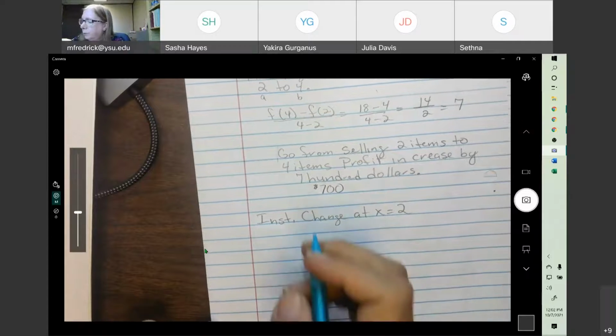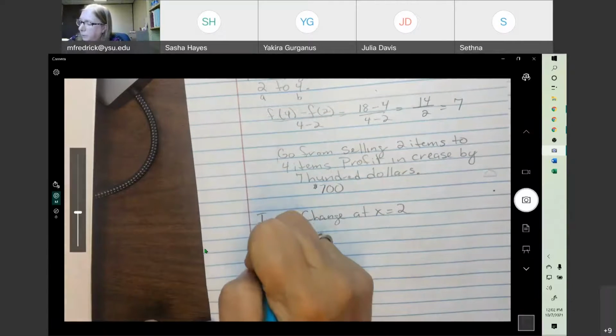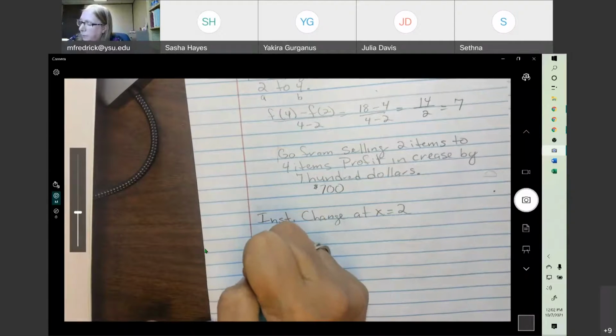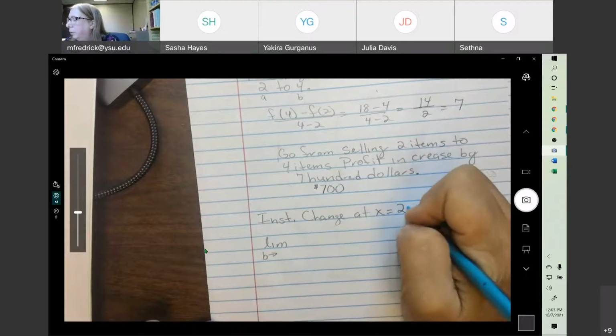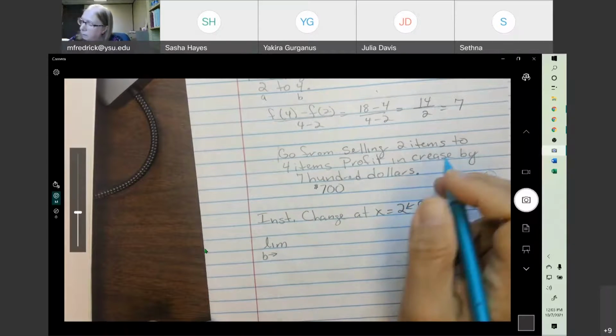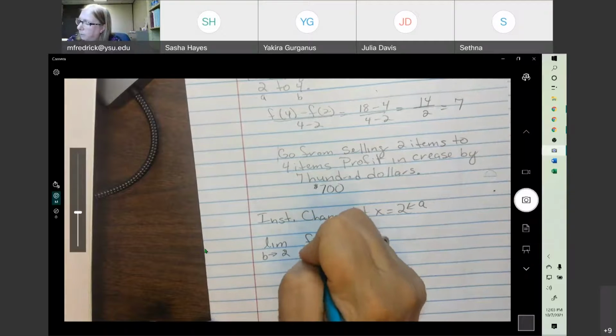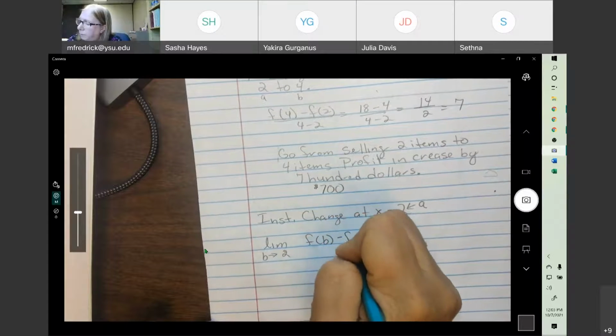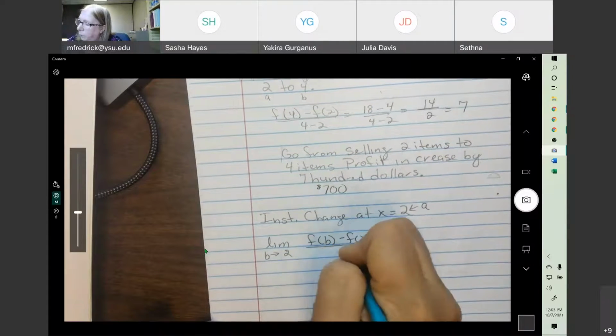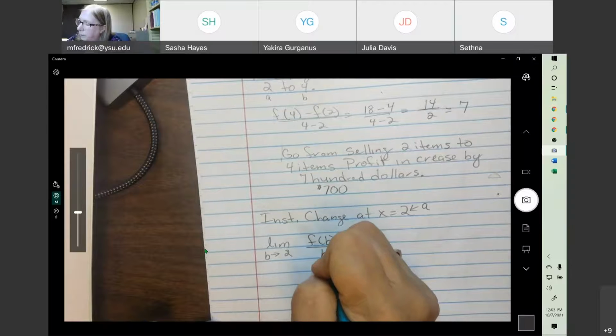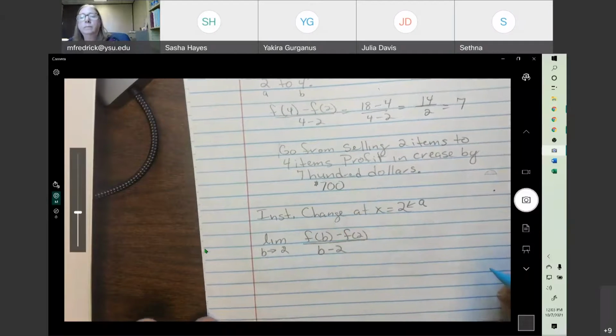At x equals 2, and this is instantaneous, so it's the limit as b approaches 2, remember this is your a, of f of b minus f of 2 over b minus 2.